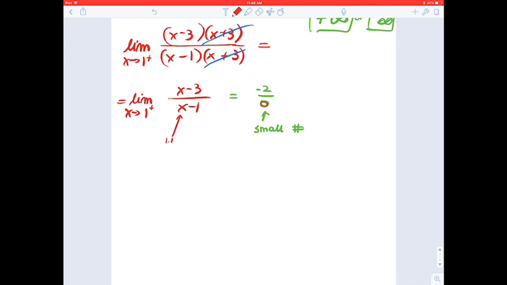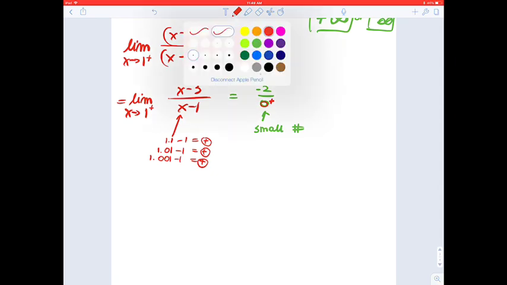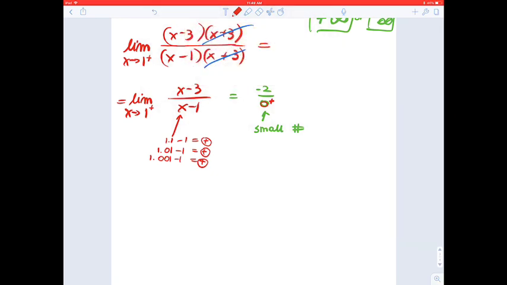It's 1.1 or maybe 1.01 or maybe 1.001. A tiny number, a really, really close number to 1. And when I subtract 1, I have a small number, but actually positive. Tiny number, but positive. That means this is the value 0 from the right-hand side.